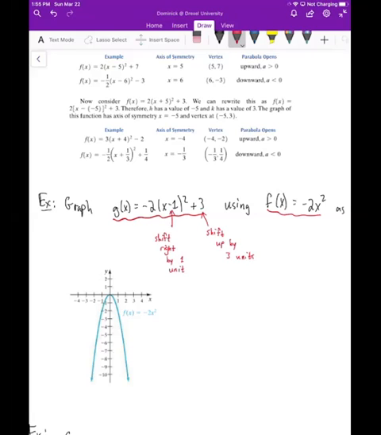So for example, that was our original vertex, of course, at 0, 0. And if I shift it to the right by 1 and up by 3, my new vertex is going to be here. Right? And for example, you could take some other points, for example, 1, -2 and -1, -2.